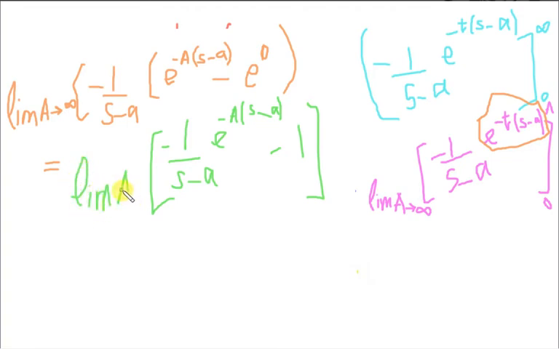So let us put the value of a is equal to infinity. When we put a is equal to infinity, this term will become very large, or infinity, and e raised to power minus infinity is 0.